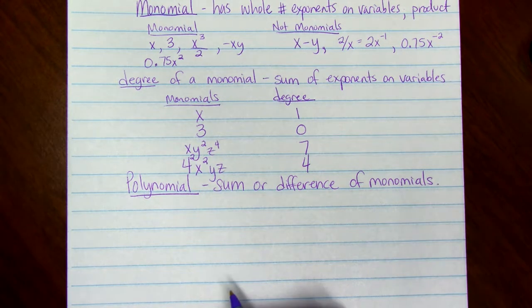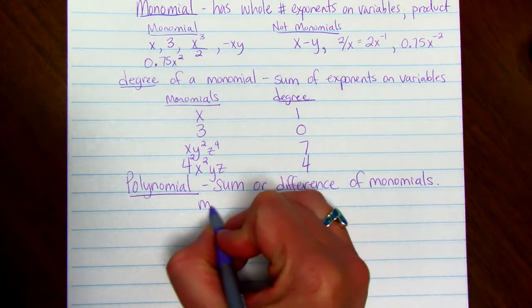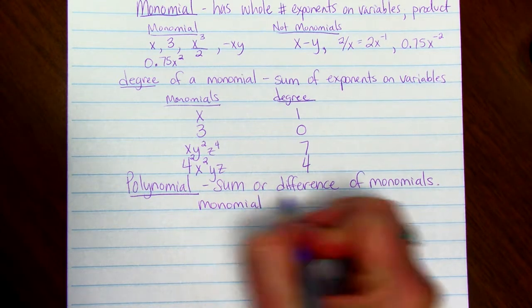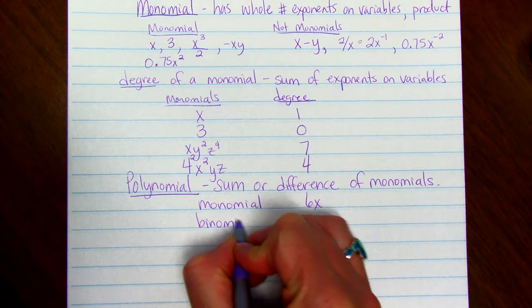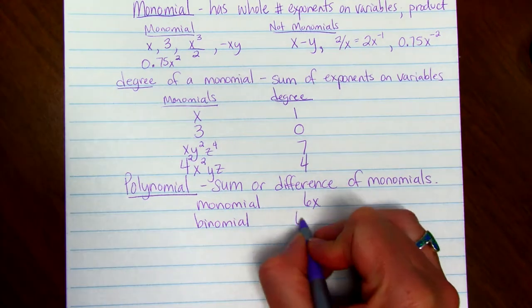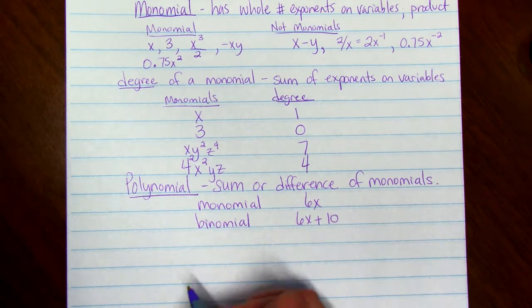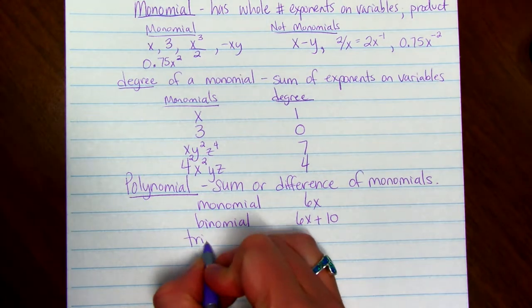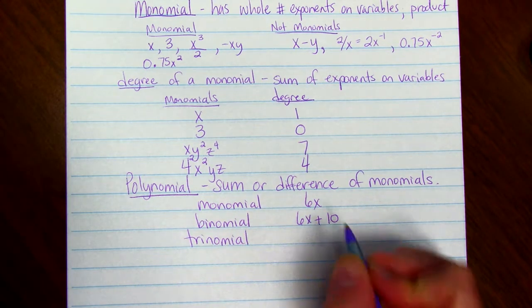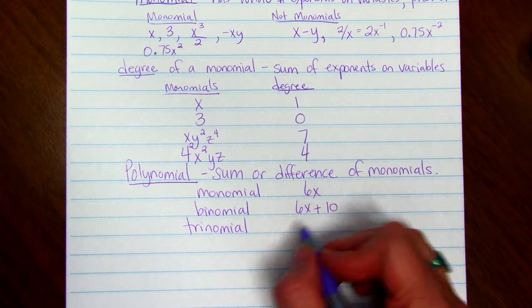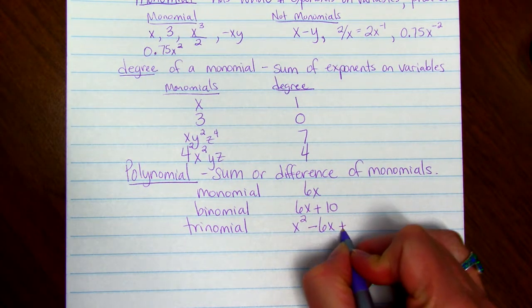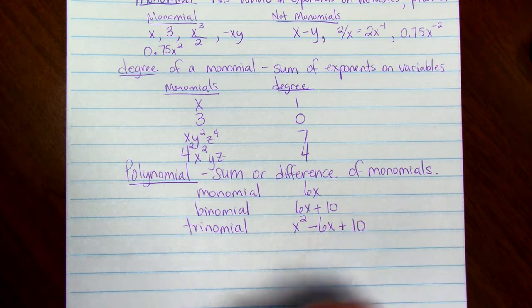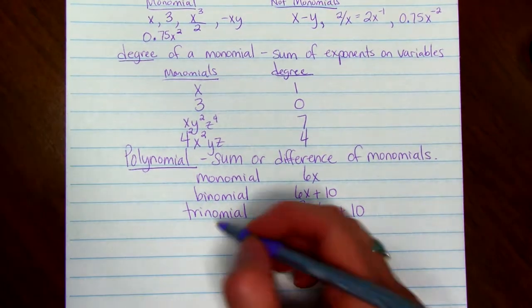So we have different names. A monomial, here's an example, has 1 term. A binomial has 2 terms. It could have a plus sign or a minus sign between them. A trinomial is a type of polynomial that has 3 terms, added or subtracted. This is an example of a trinomial.